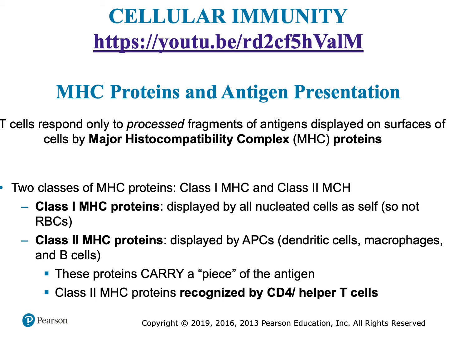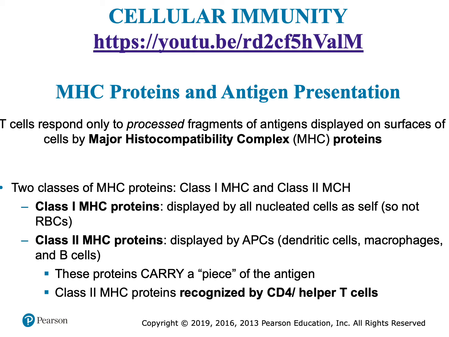Okay, so let's do a macrophage. He has an MHC1 that says, I'm a macrophage and I belong to you. But then he also has an MHC2 that says, well, he's specific. He is going to take that piece of antigen that I keep talking about and put it on his outside surface. As a presenter, he's going to take that piece of antigen and stick it on his MHC2.